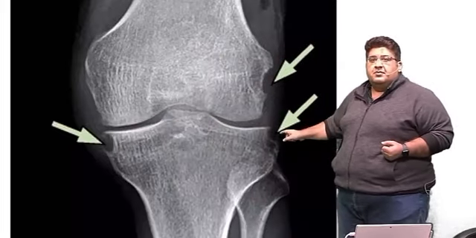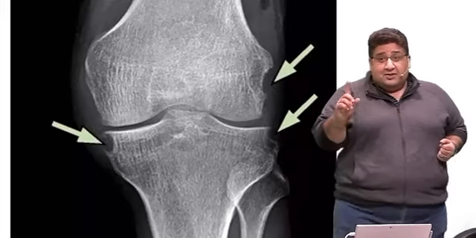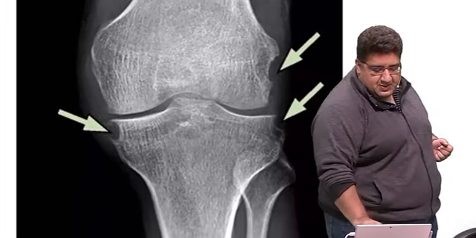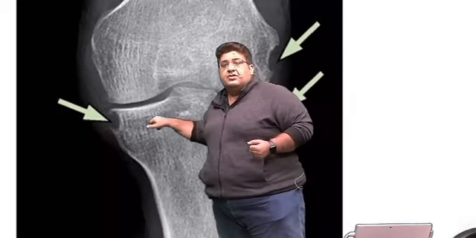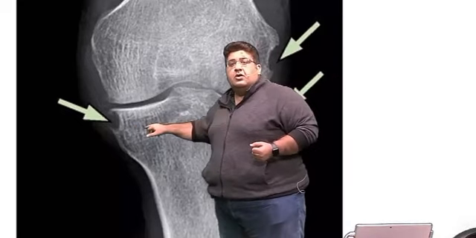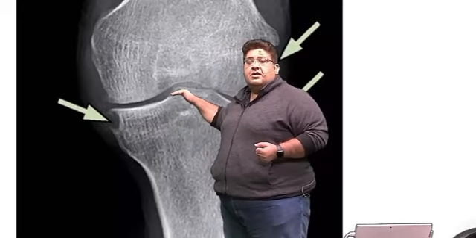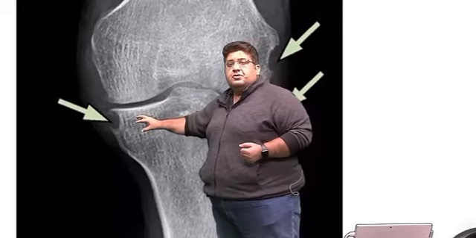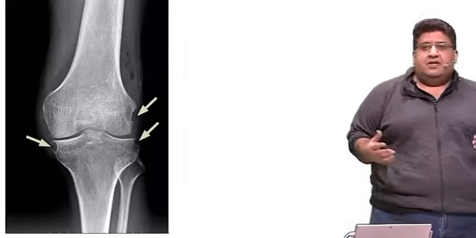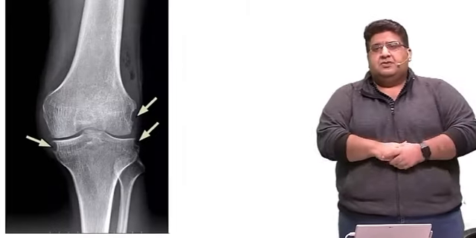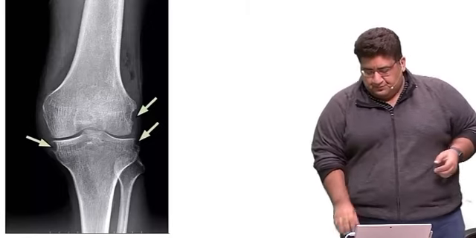But this is not that first. That first that I want all of you to see is this, the juxta-articular osteopenia, juxta-adjacent osteopenia. So the first X-ray sign of tuberculosis of any joint, I've given you an example of the knee, is juxta-articular osteopenia.